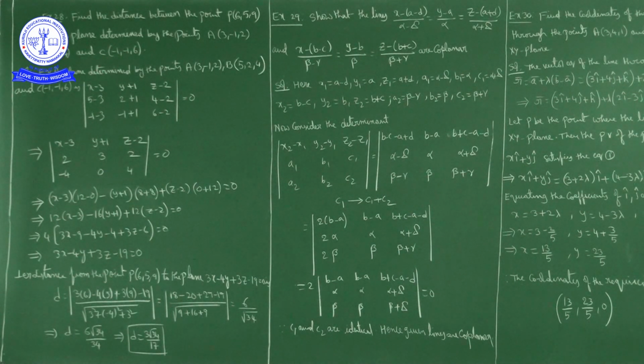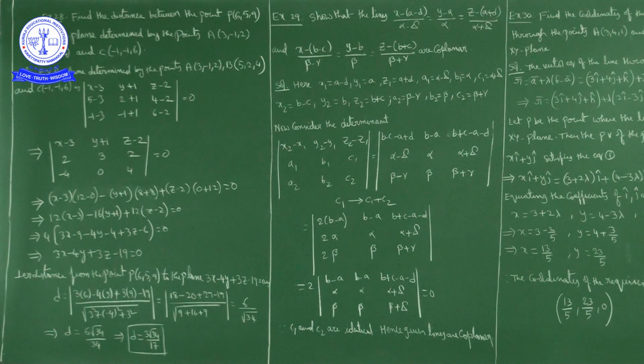Now first of all, the equation of the plane determined by 3 points (x1, y1, z1), (x2, y2, z2) and (x3, y3, z3) is given by the determinant: first row x minus x1, y minus y1, z minus z1; second row x2 minus x1, y2 minus y1, z2 minus z1; third row x3 minus x1, y3 minus y1, z3 minus z1, equal to 0. Okay, this is the formula to find the equation of the plane determined by 3 points.